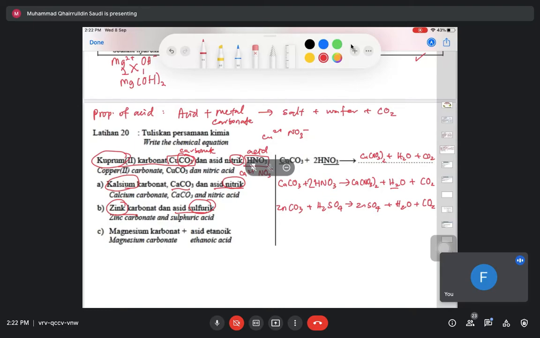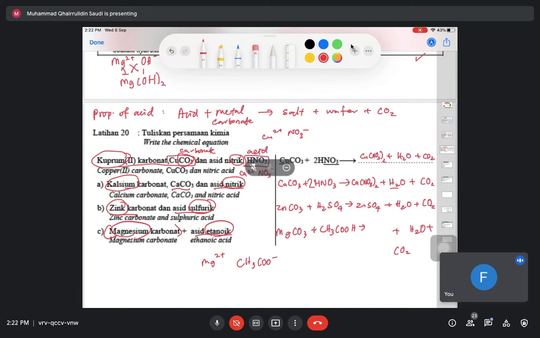There. Next one, magnesium carbonate, MgCO3 plus ethanoic acid, CH3COOH. We get salt, water, and carbon dioxide. So the salt will be magnesium ethanoate.